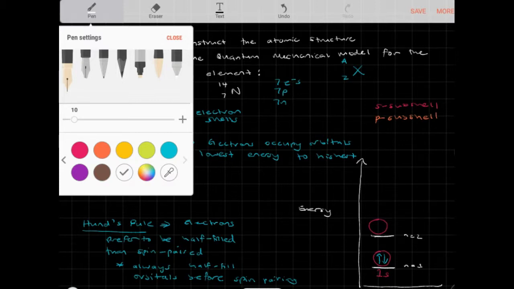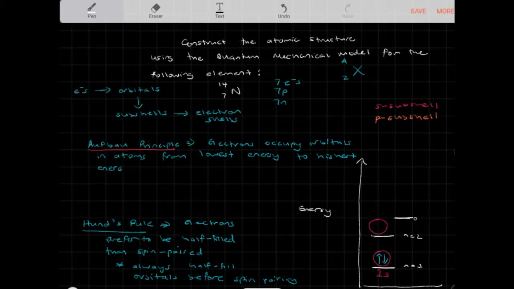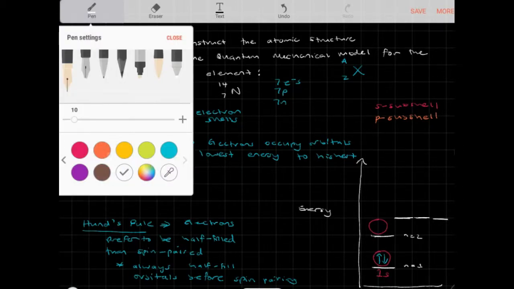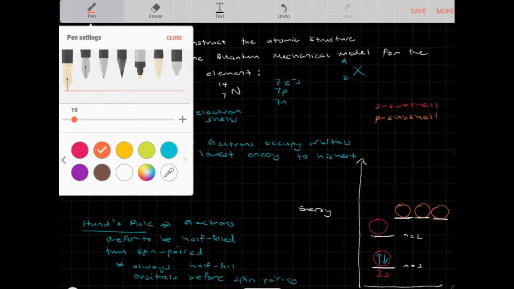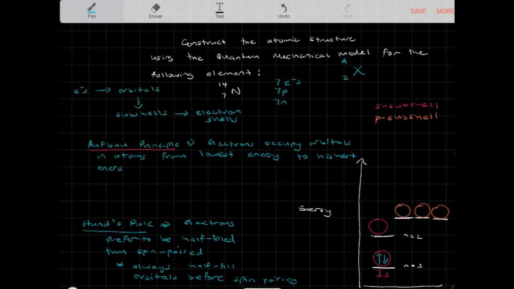I'm going to draw the P subshell here, and you can notice that the P subshell is higher in energy than the S subshell. I'm going to draw the p orbitals in orange. According to the Aufbau Principle, you always fill the S subshell before the P subshell, so 2s before 2p. So I'm going to fill 1 electron here, second electron, they're spin paired, right?